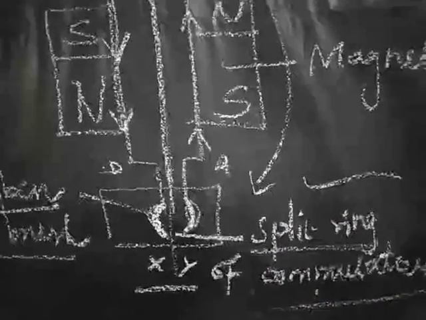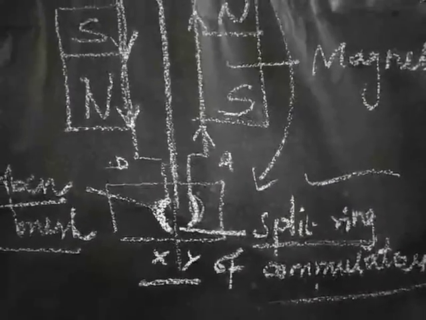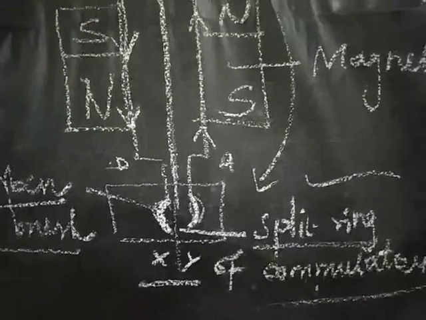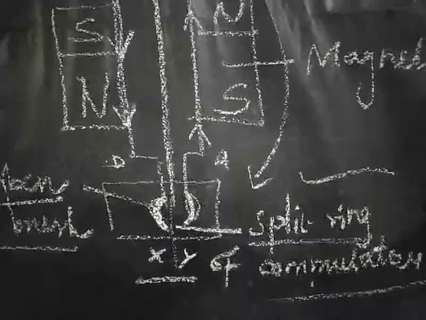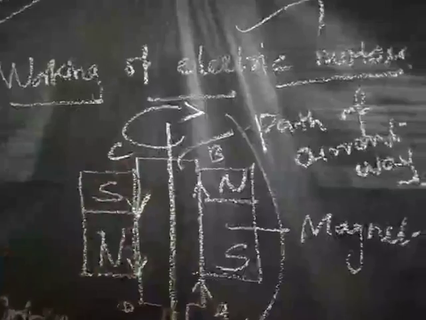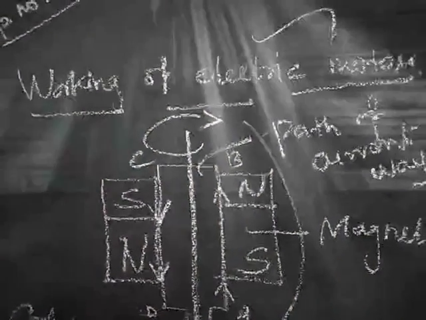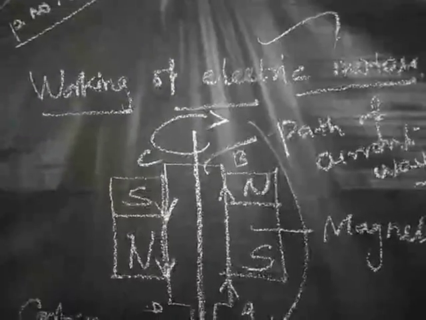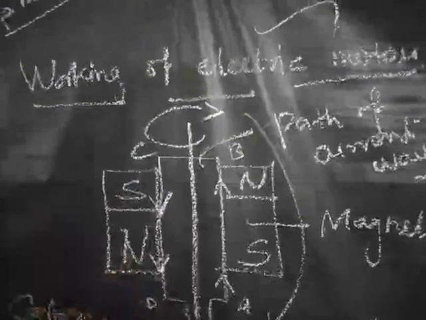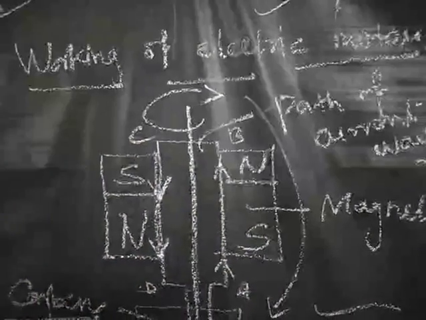In this way the electric motor works because of the magnetic field. If you increase the strength of the magnetic field, the magnetic flux also increases, and the coil will start to rotate very fast.